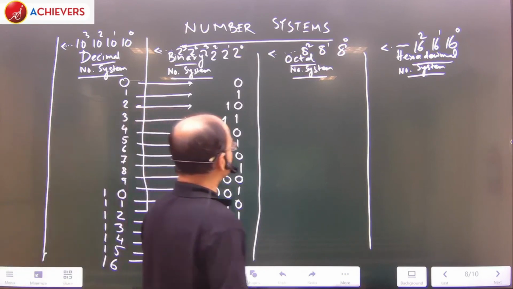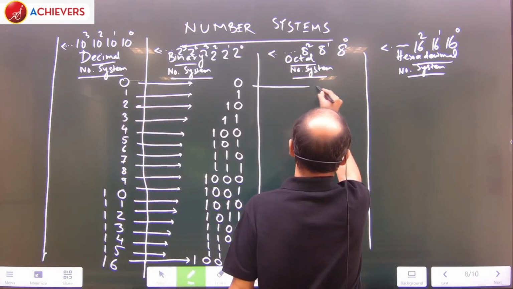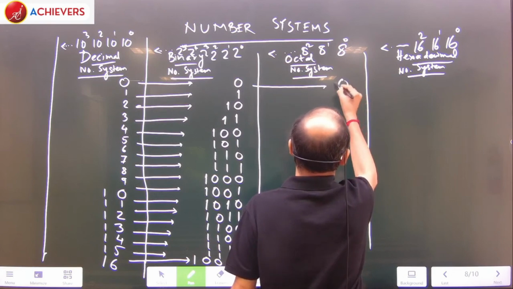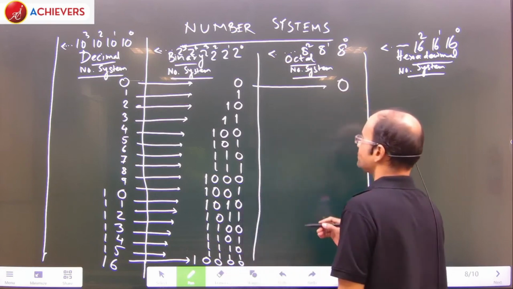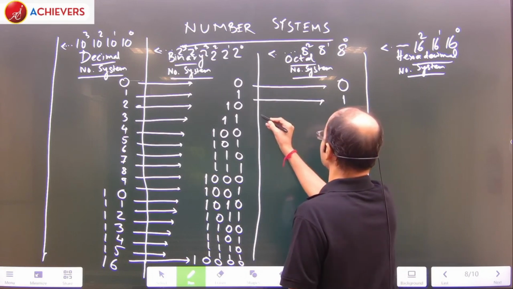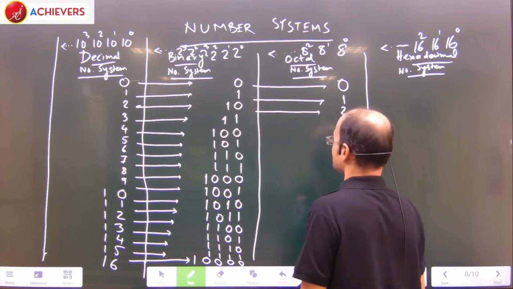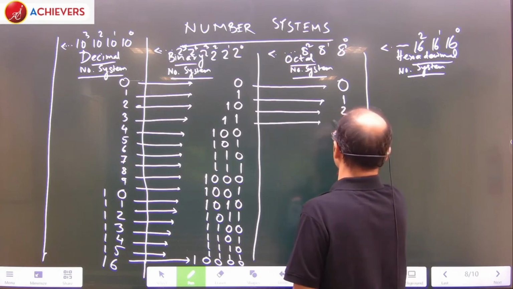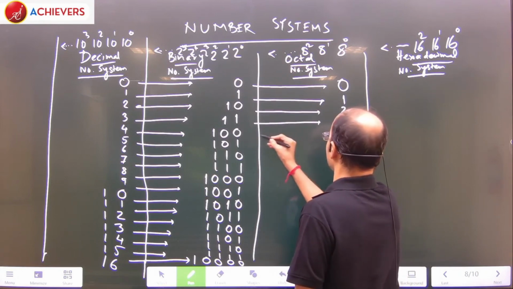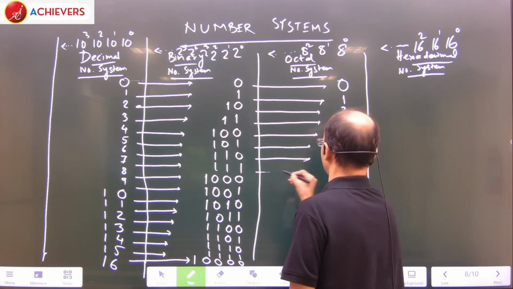Now we come to octal. So 0, we have 0, 1 means 1, 2 is represented as 2, 3 is represented as 3, 4, 5, 6, 7.